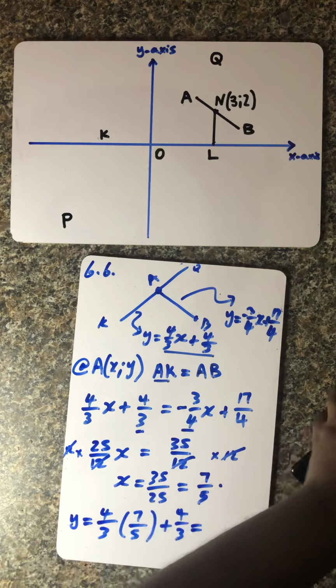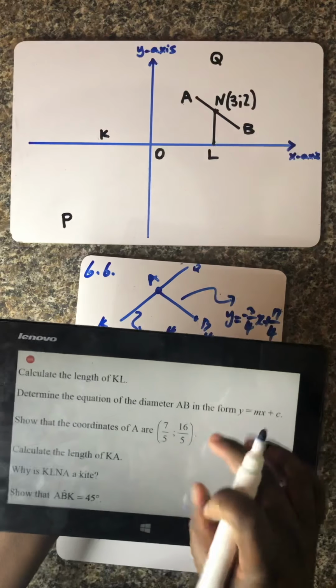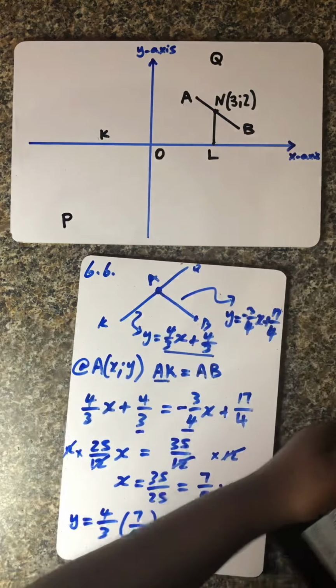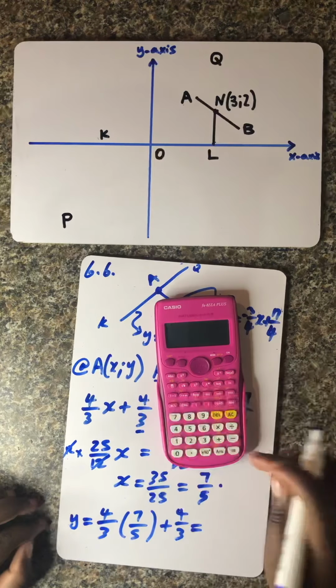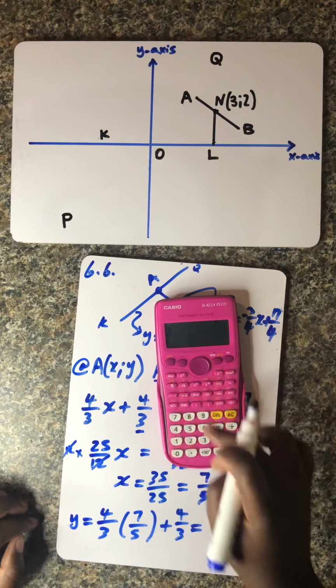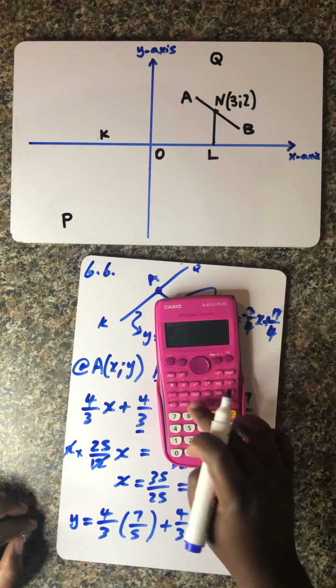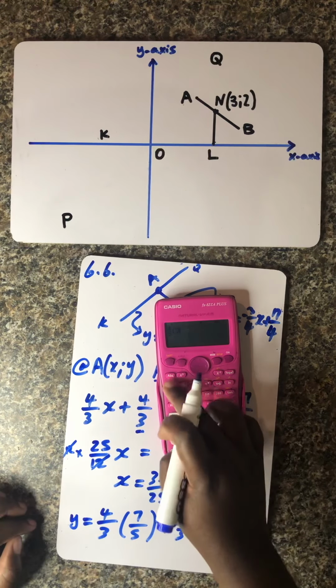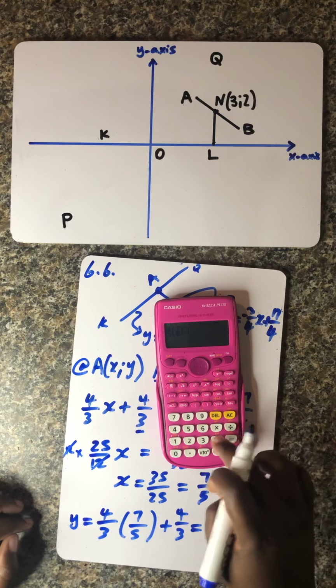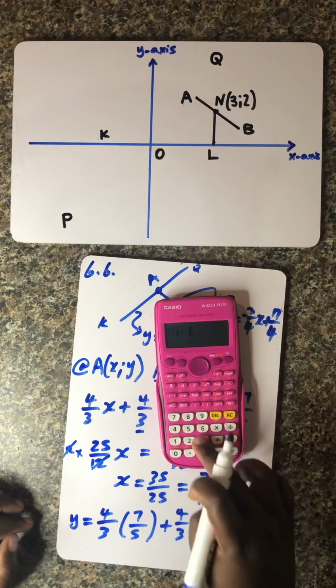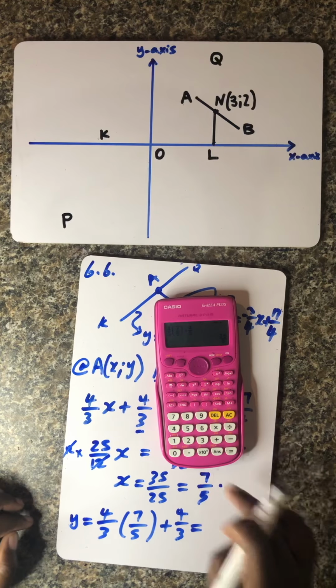So obviously, ladies and gentlemen, I must get 16 over 5 as an answer. If not, then something is wrong. So that means it's 4 over 3 times 7 over 5, plus 4 over 3.